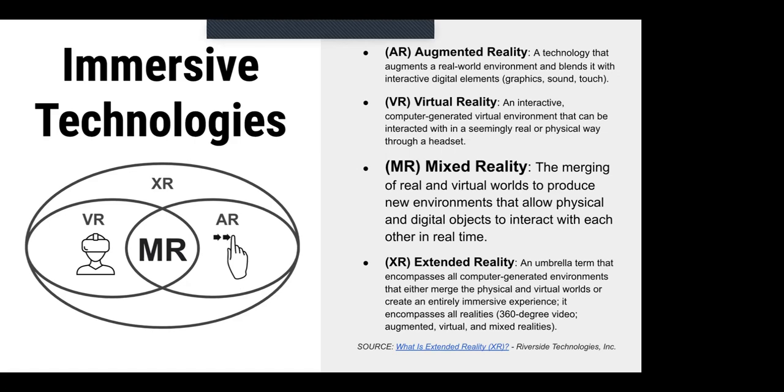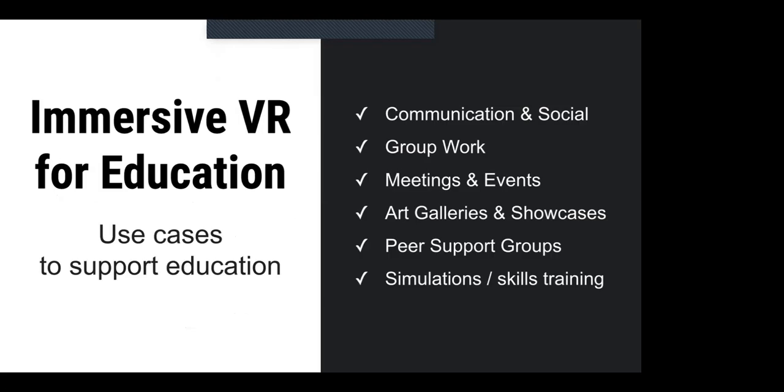So that's a little bit about mixed reality. And here are some use cases for education. How can you use VR? You can use it for communication and social group work. You know that you can use it for meetings because you do virtual meetings every day. This is an alternative to something like Zoom.